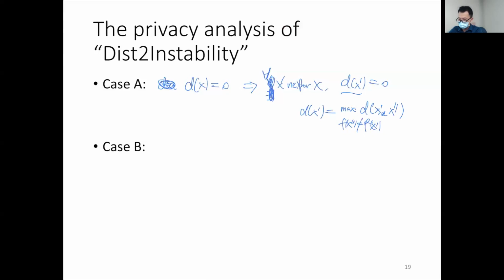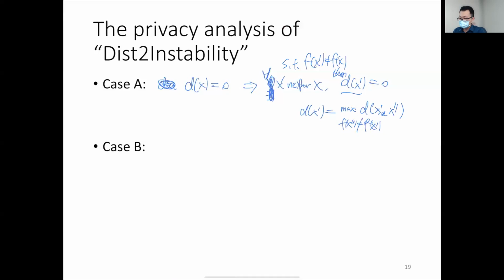For any x prime being a neighbor of x such that, let me add a clause, f of x prime is not equal to f of x, then the distance to instability is also 0.